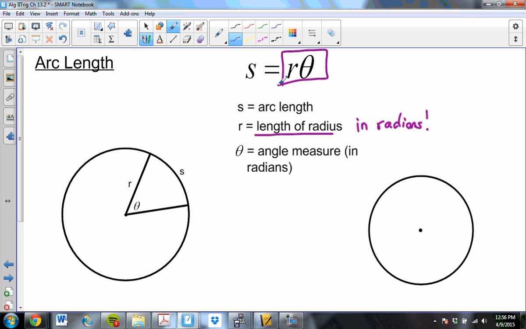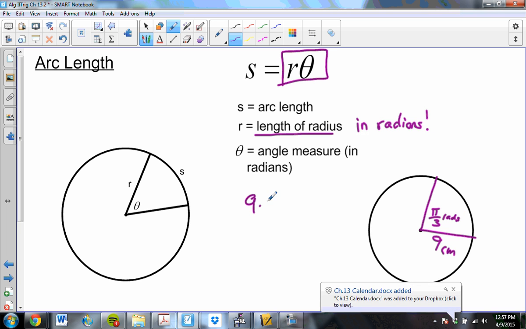So let's say here that the radius is, I don't know, 9 centimeters. And we'll do, I don't know, pi over 3 radians. And you don't have a great concept yet of how big that really is, but that's okay. I mean, that picture's kind of close, but not super close.